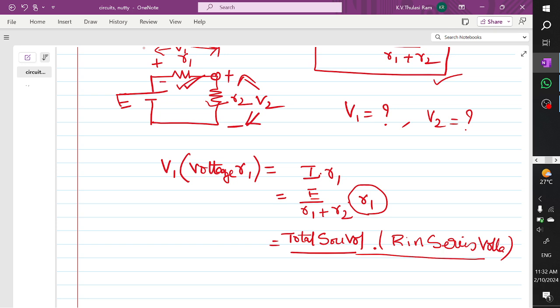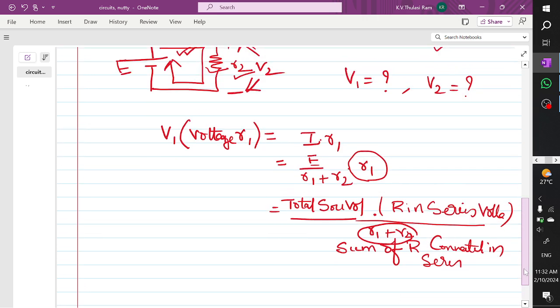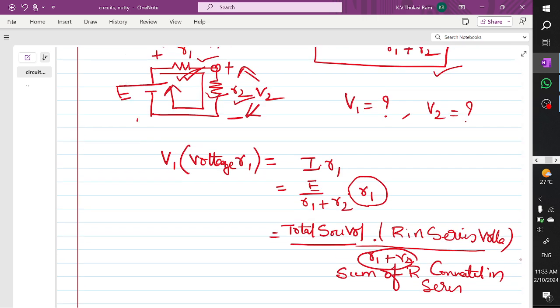So here you can see that the current is constant throughout the loop. I can say that R1 and R2 are connected in series. So what are the resistors connected in series now? R1 plus R2, where I am calling this R1 plus R2 the sum of resistors connected in series. So this is the formula of the voltage division rule. So what is the formula of the voltage division rule? I can summarize like this.